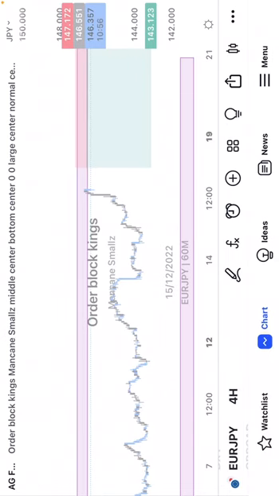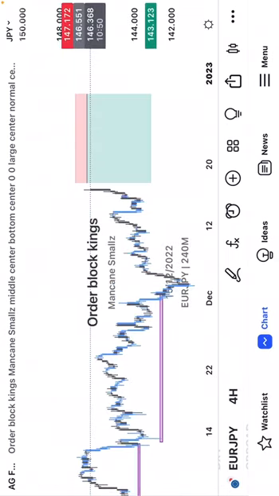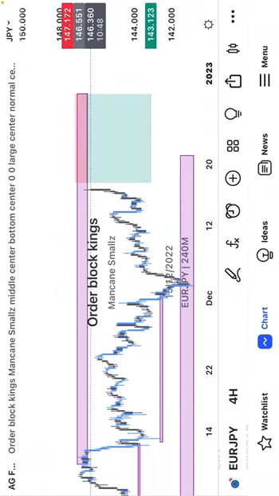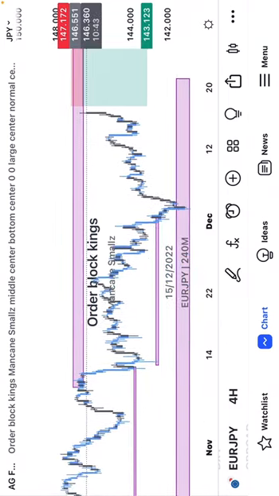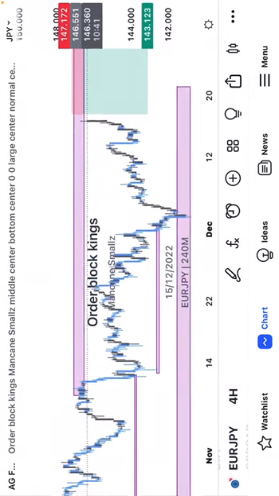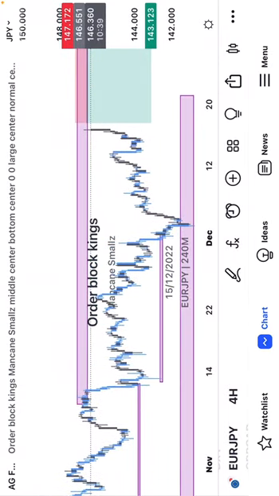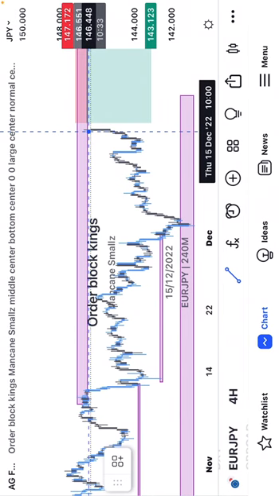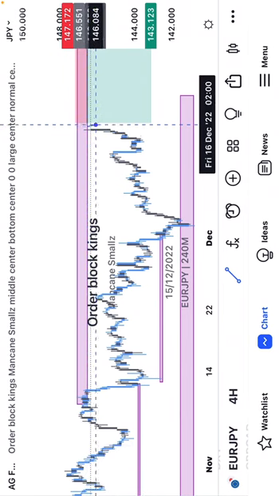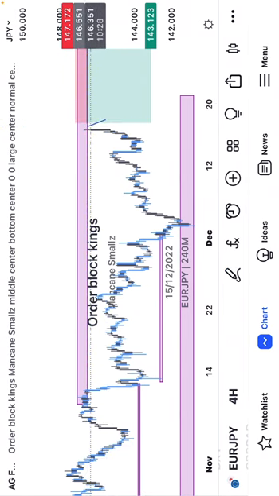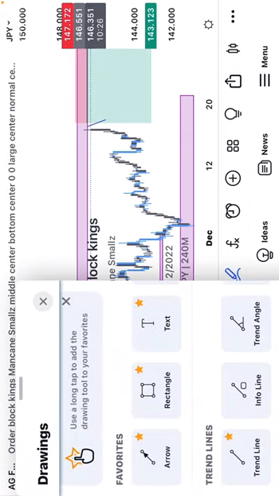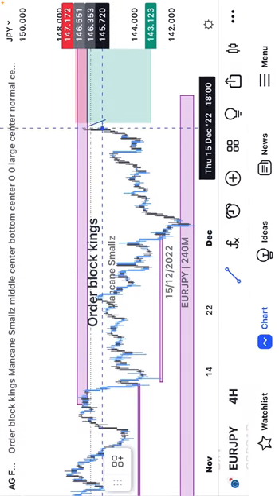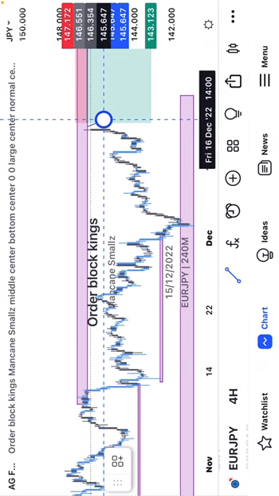We're gonna wait for them to create a structure, but as for now, exactly that level, it's a clean zone though. So we might see this on this trade. What I want to see is something like this. I'm gonna be patient with it.